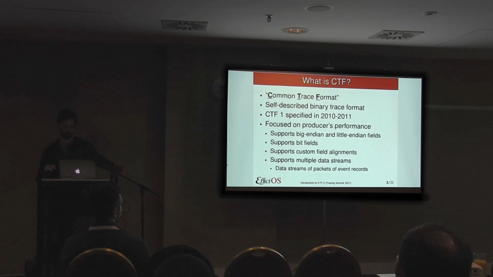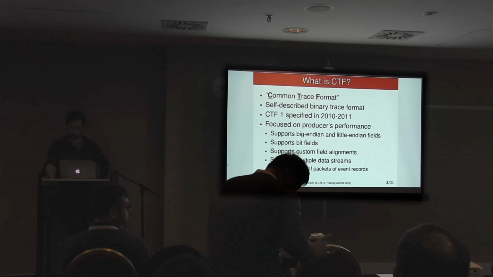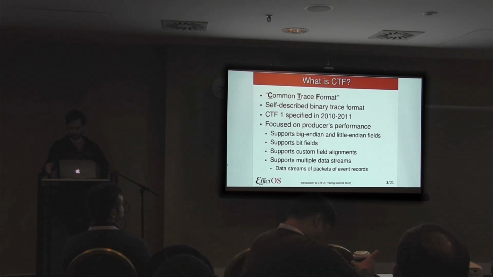Some examples of features which allow this are that it supports big endian and little endian fields, so that the producer can write its native fields as is in the binary stream. It doesn't need to be a per-trace configuration, so some fields can be little endian, some other big endian. It supports bit fields, so integers or bit arrays with a custom size in bits.